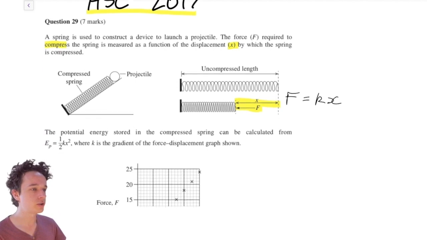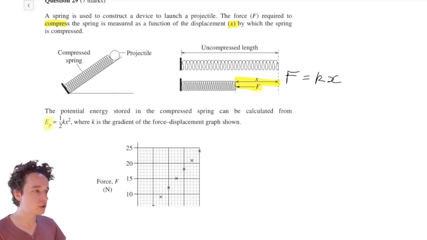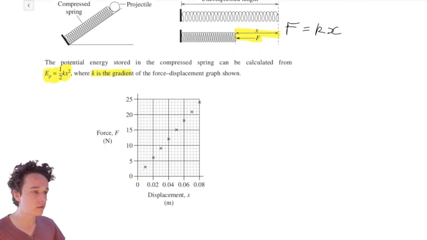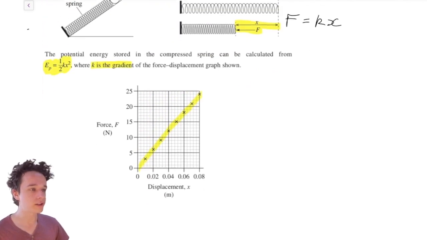The potential energy stored in the compressed spring can be calculated from potential energy is equal to half kx squared, where k is the gradient of the force displacement graph shown. So k is the gradient of this force displacement graph. Let's find that k value. Let's find the gradient of this line here. So k is going to be equal to the rise over the run of this line of best fit.